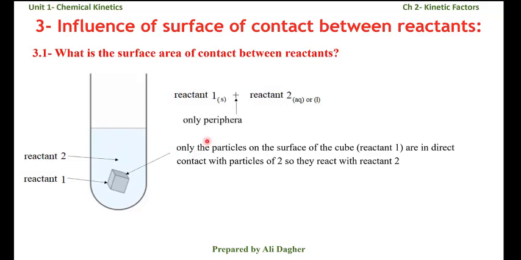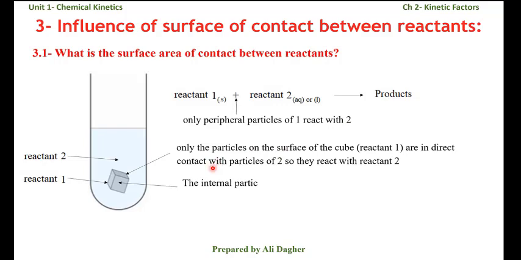Then, only peripheral particles of 1 react with 2. The peripheral particles of reactant 1 are in direct contact, then they react with reactant 2 to give a product.